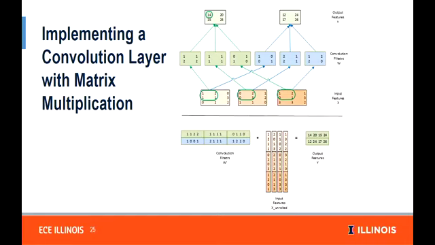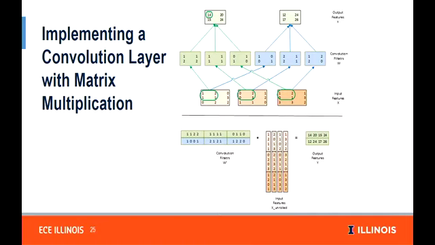Every output element is an inner product of a small tile of input elements and the convolution mask. Matrix multiplication is just a collection of inner products. Every output is an inner product of a row of one input and a column of the other input.